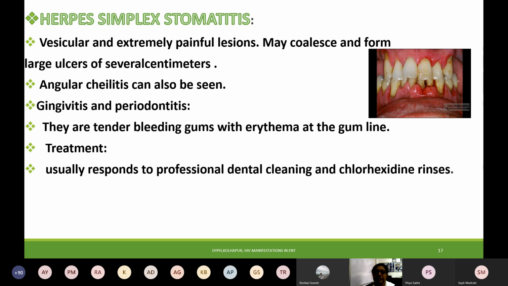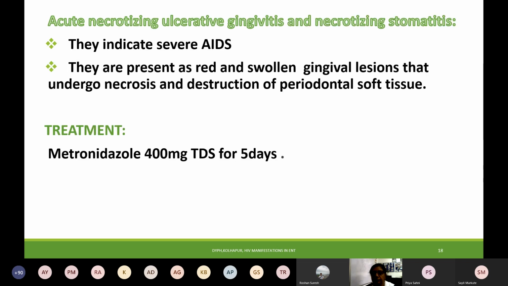Angular cheilitis can also be seen. Gingivitis and periodontitis are seen. They have tender bleeding gums with erythema at the gum line. The treatment usually responds to professional dental cleaning and chlorhexidine rinses, or sometimes we need antifungal treatment also.